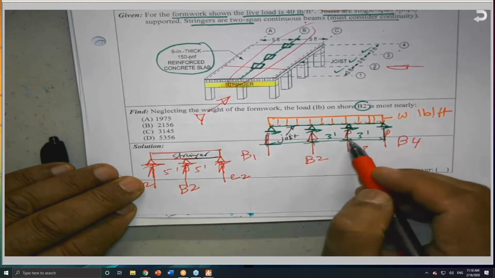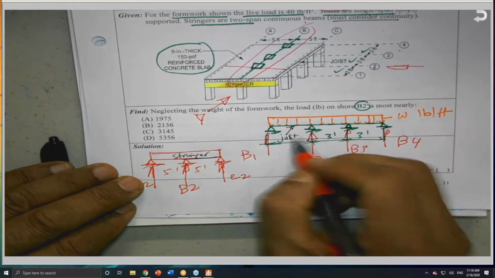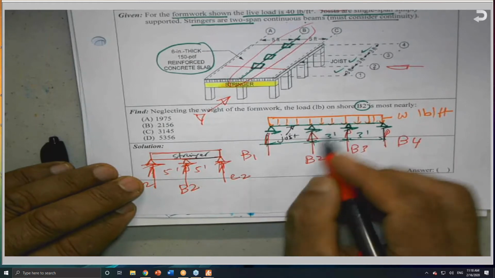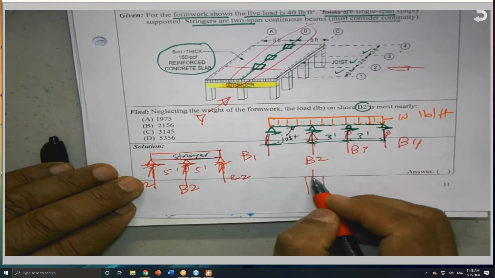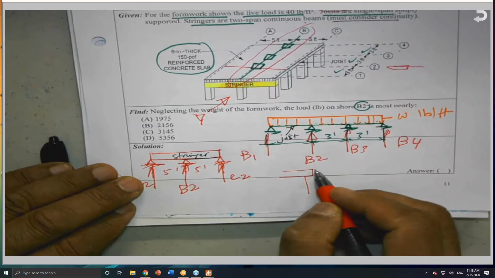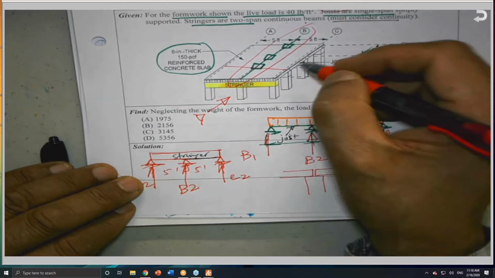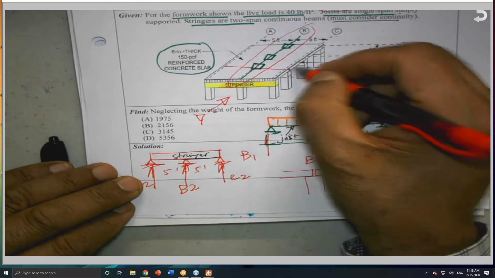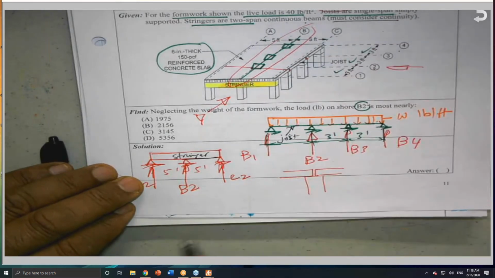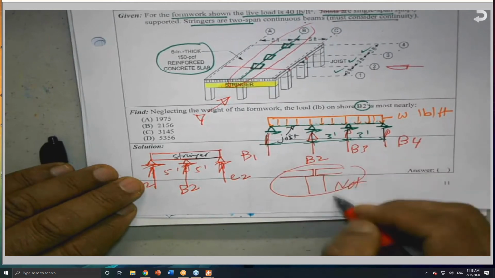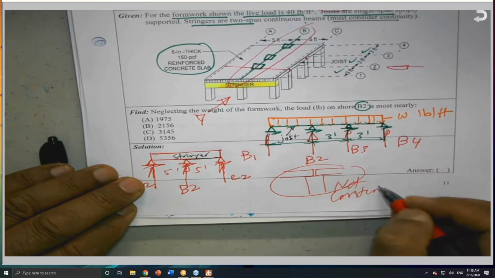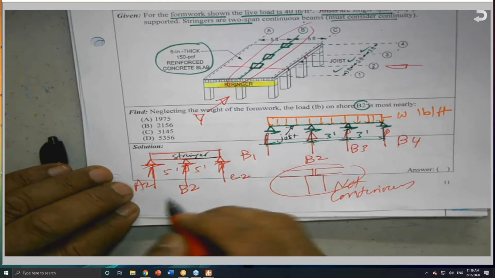The problem with this is that these joists are not continuous. If you look at this support here, you'll find that the joist is like this. There is a small vertical line shown here. This is not continuous. This is continuous.